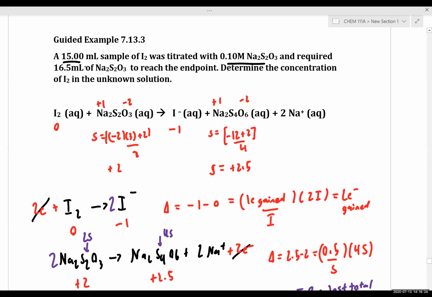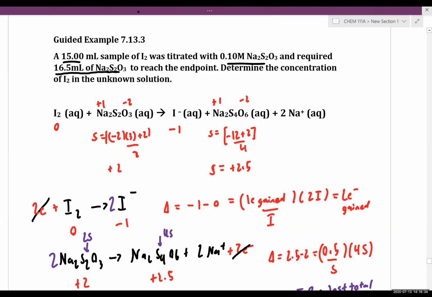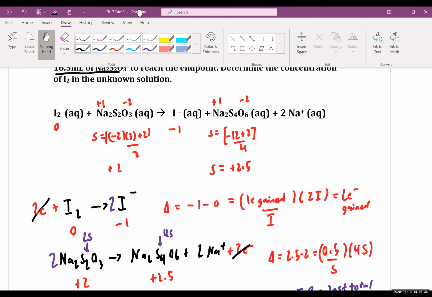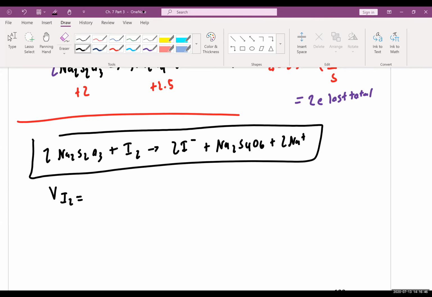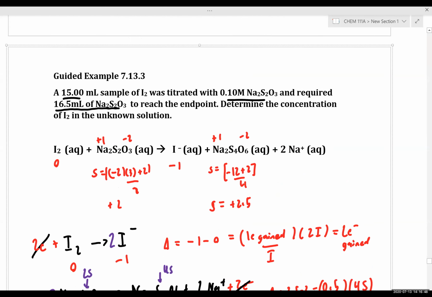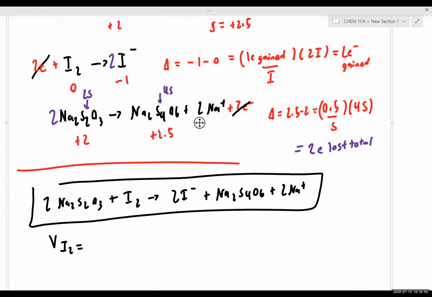Okay, so we have a 15 milliliter sample of iodine titrated with 0.1 molar sodium thiosulfate, and we needed 16.5 milliliters of sodium thiosulfate to reach the endpoint. So let's write down these numbers. So we know that our volume of iodine solution is 15 milliliters.